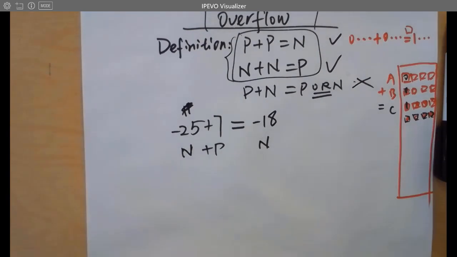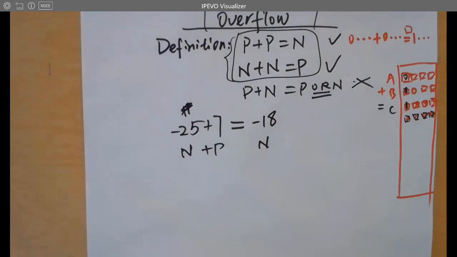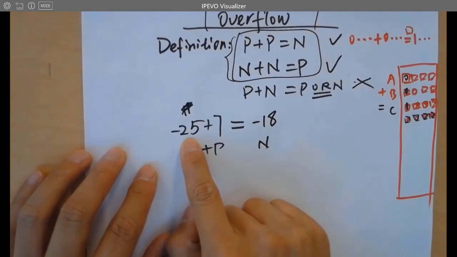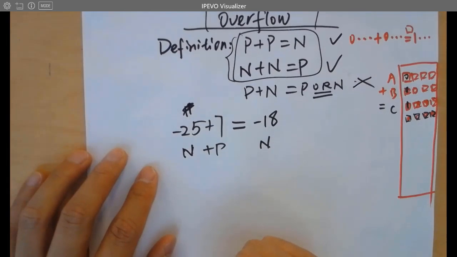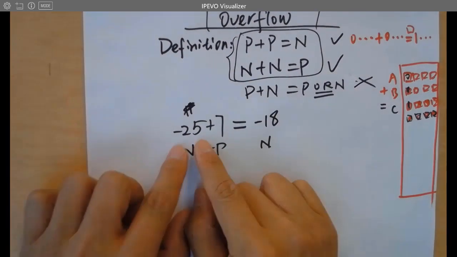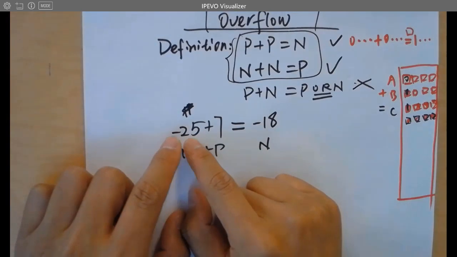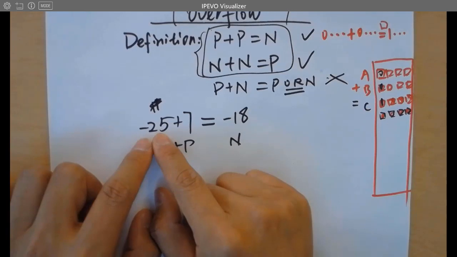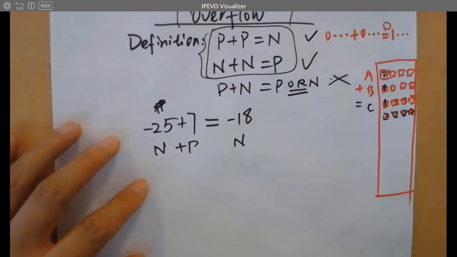So now why? Why no overflow? Yes, intuitively. Yes, good catch. Let me explain this more. So you have minus 25. For example, how many bits do I need for minus 25? Let's see.